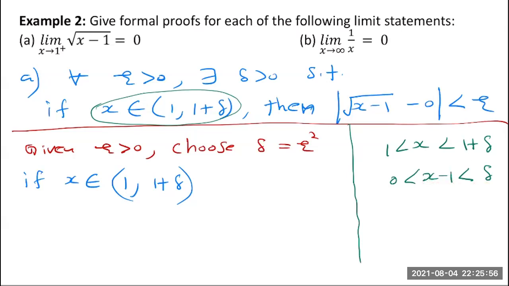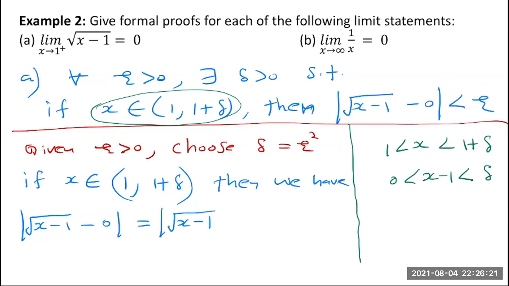let me take this expression and simplify that. Okay, so then we have the square root of x minus 1 minus 0. This is equal to the absolute value of the square root of x minus 1.